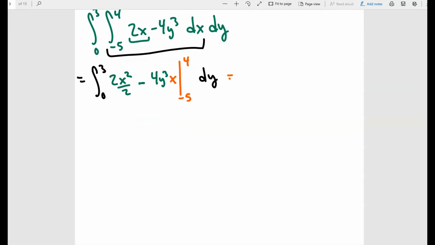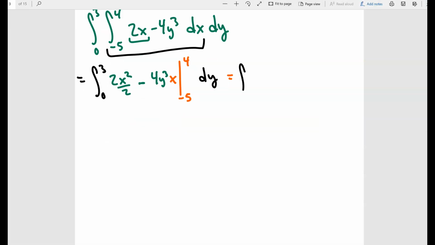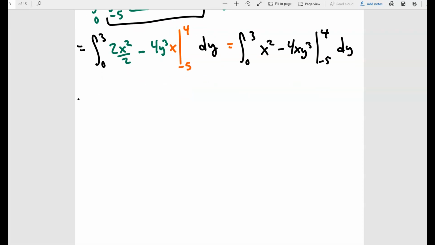Okay, so let me clean this up. Let me use a different color. Okay, so I'm going to have the integral from 0 to 3 of x squared minus 4xy cubed from -5 to 4 dy. All right, now I'm going to use the fundamental theorem of calculus. So I have the integral from 0 to 3.